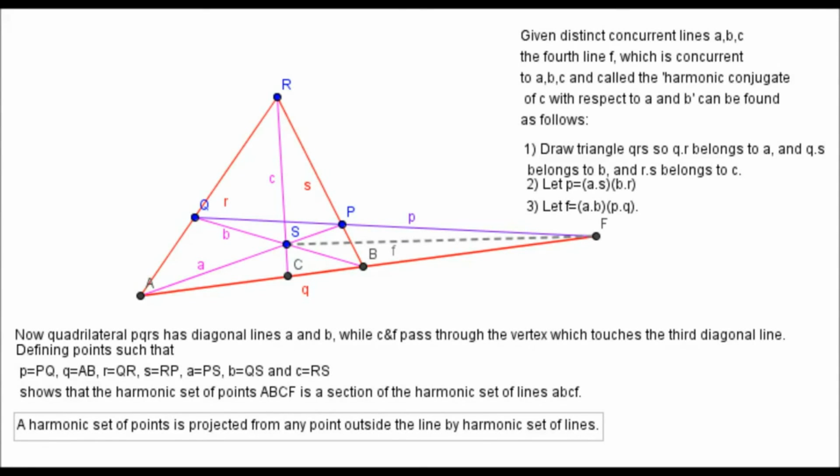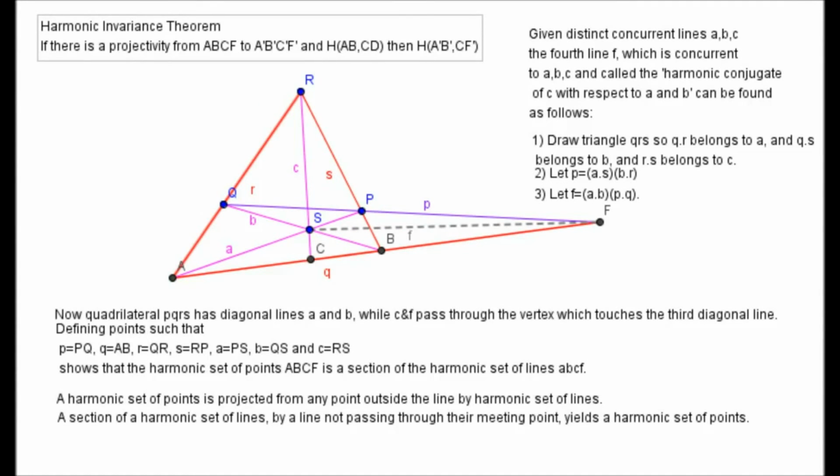So this argument and its dual together imply our harmonic invariance theorem, the thing I discussed at the beginning, which is basically that harmonic sets are preserved by projectivities. Why? Well, essentially we've just shown that an elementary correspondence, which is where some rays coming out of a point match up with some points on a line, preserves harmonic sets, be they harmonic sets of points or lines.